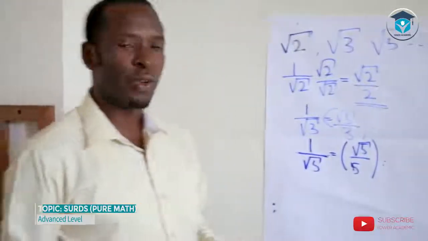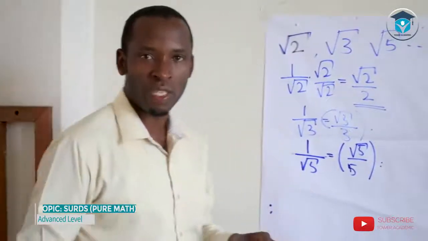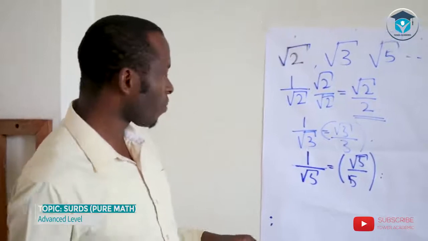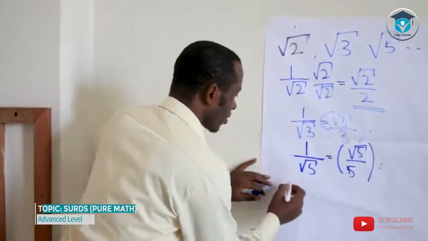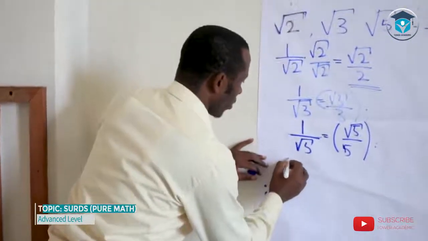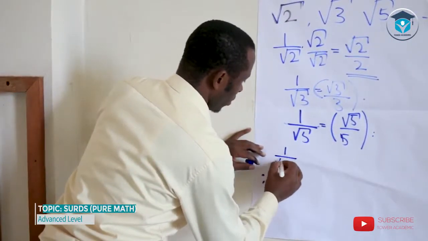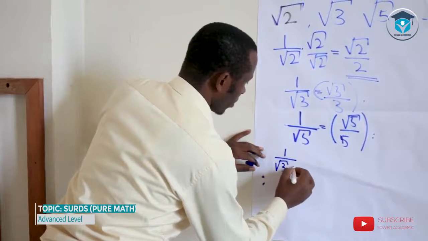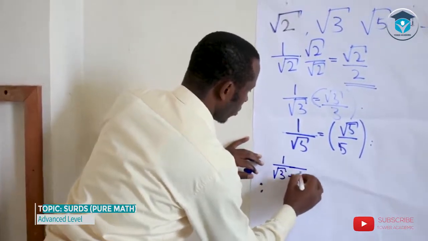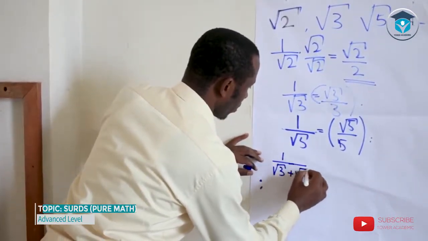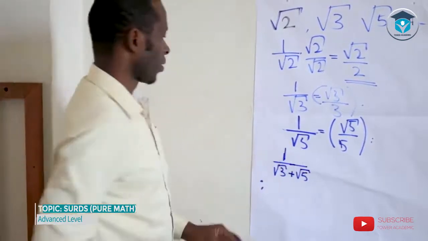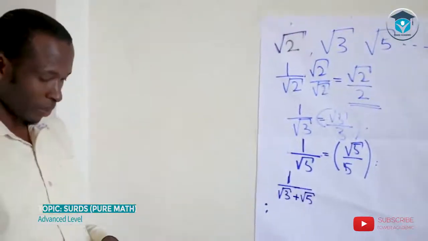Now, let us do some advanced models which are more examinable. For example, if you're told to rationalize maybe 1 out of root 3 plus root 5. That's an example.